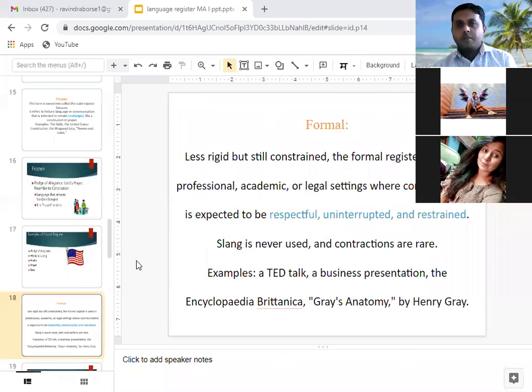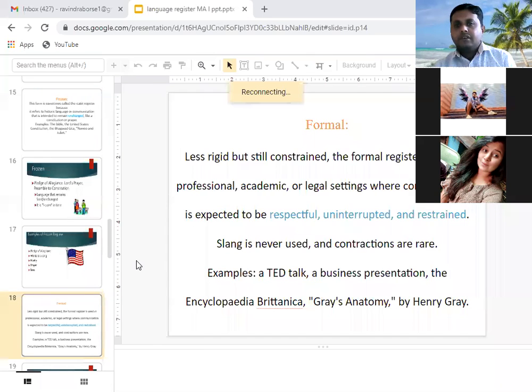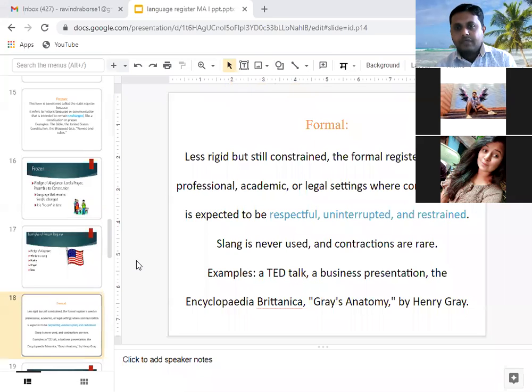So we use formal way of communication in the respect of formal relationship. Can you hear my voice? Yes sir, it is coming. In the matter of respectful relationship, we use a formal type of language.